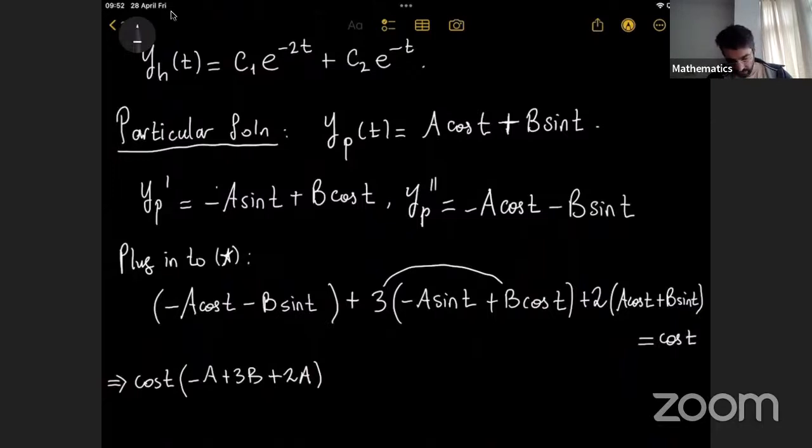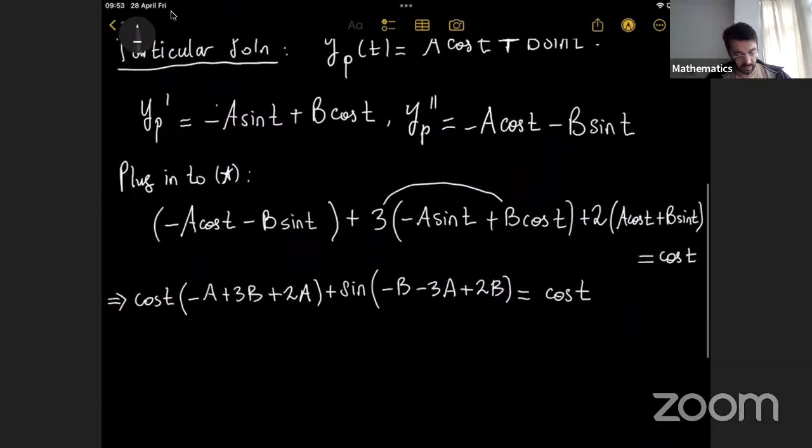Let's continue with sine t. The coefficient of sine t is minus b minus 3a plus 2b, so it is b minus 3a.